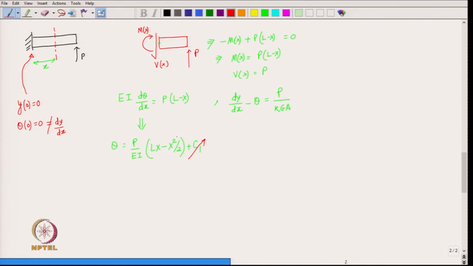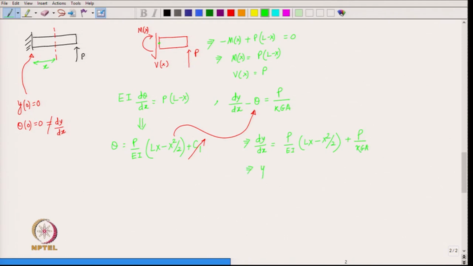Okay. So, we can now plug this formula into this equation over here and again integrate. So, we have dy/dx equal to P/EI into (Lx minus x²/2) plus P/(kGA), where k is the correction factor.